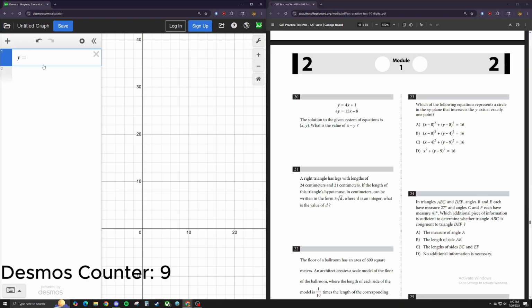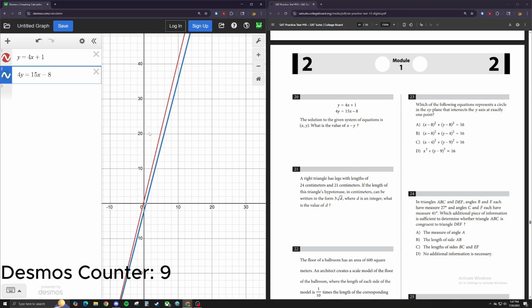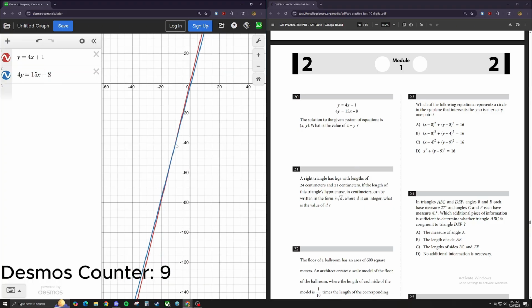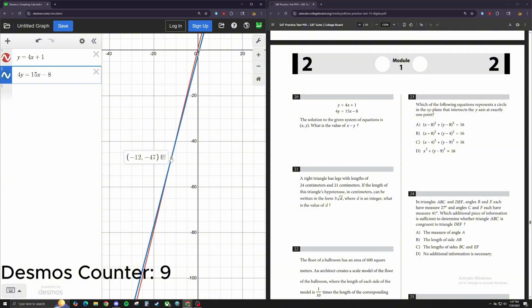Just plug these things in and you find the point of intersection, which is right here. You know that x is negative, so negative 12 minus negative 47 is 35.